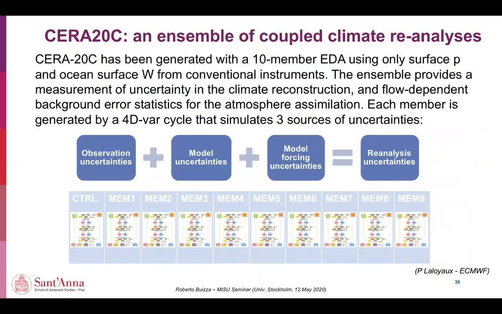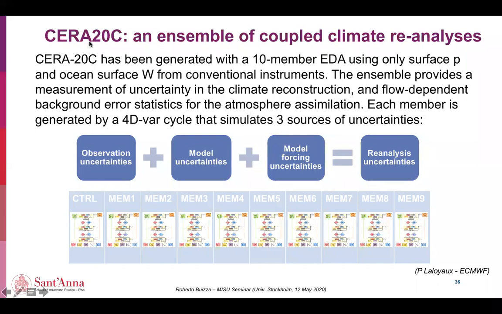I want to focus more on something that has been done at the European Centre, which was to try to improve our estimate of the past climate, of the climate of the past 100 years since 1900, using an ensemble of coupled climate reanalyses. So here you see all what we have discussed so far, the use of an ensemble method, the use of Earth system models to try to improve our simulation of the state of a system in the past.